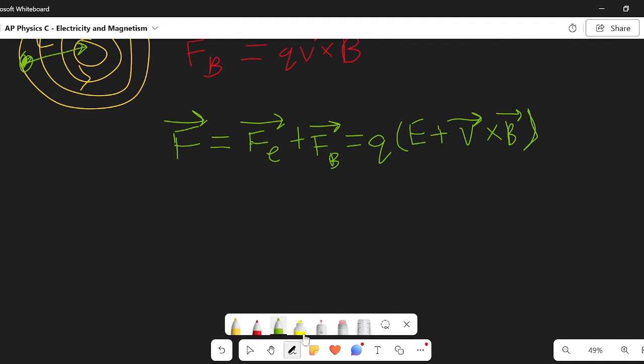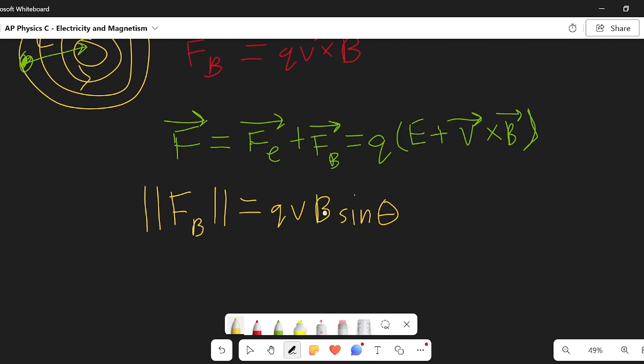So if we look at the magnitude of this force B, it is going to be equal to qvB sine theta, right?